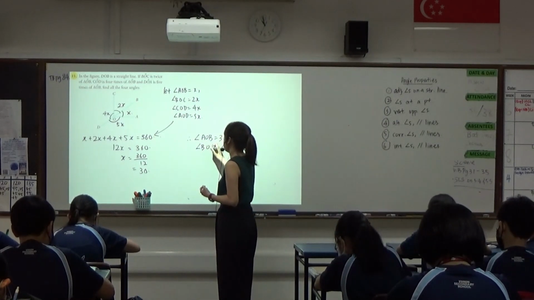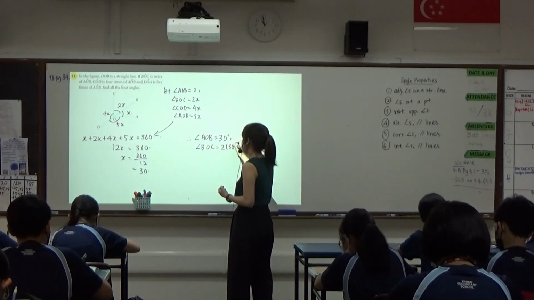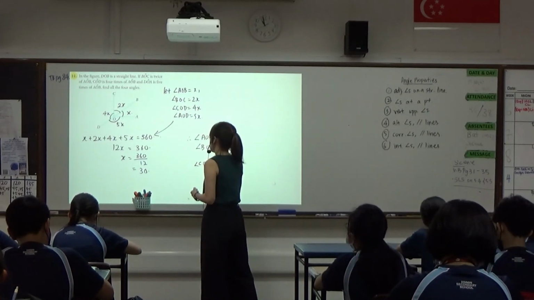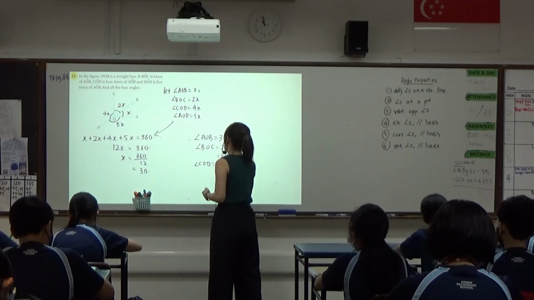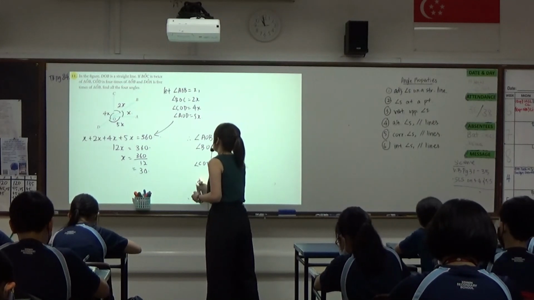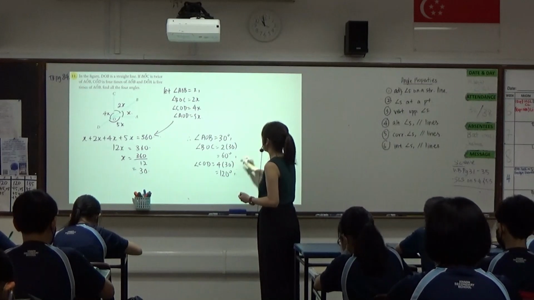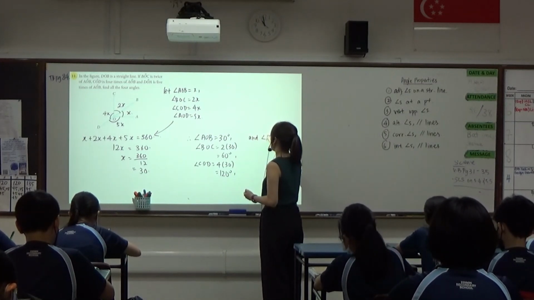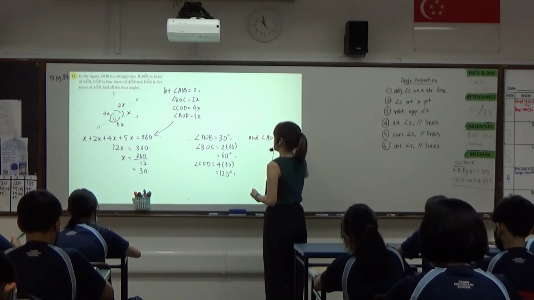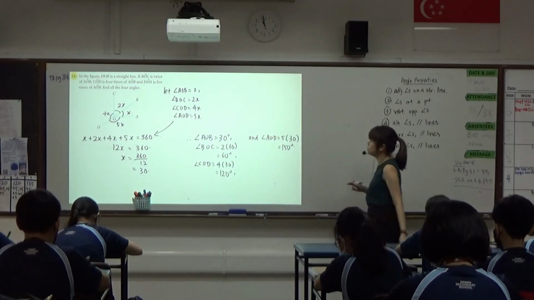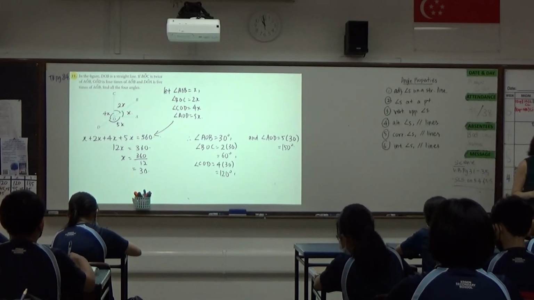Angle BOC will be 2 times 30, so 60 degrees. And angle AOD will be 150 degrees.